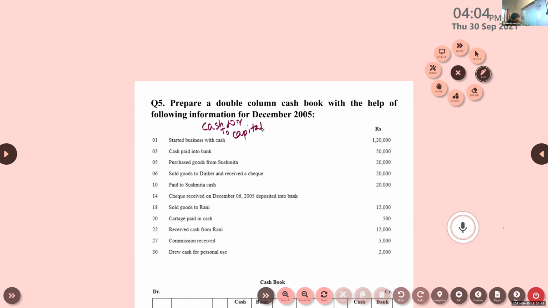Cash paid into bank. What is that? Cash paid into bank. So bank debtor to cash.